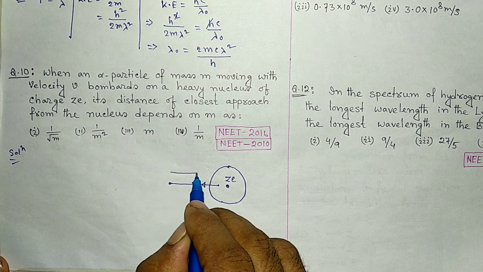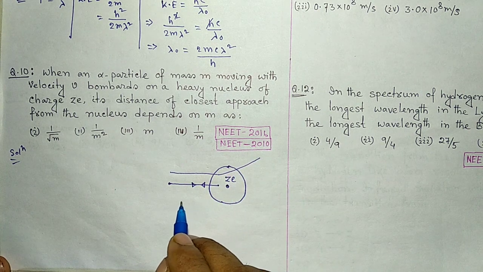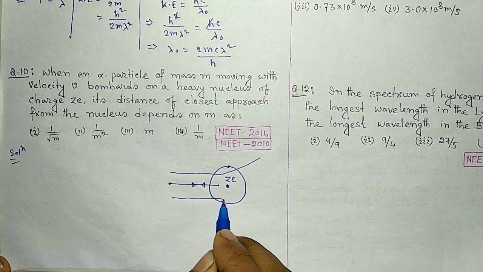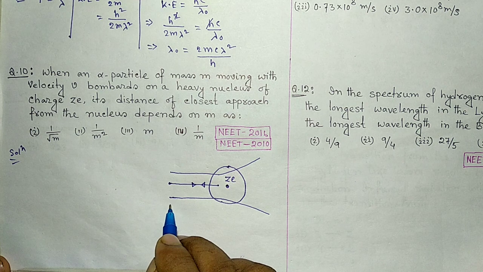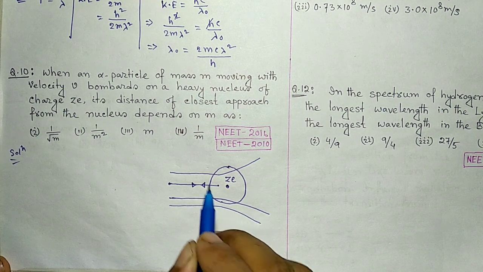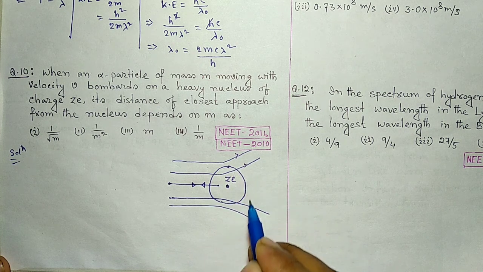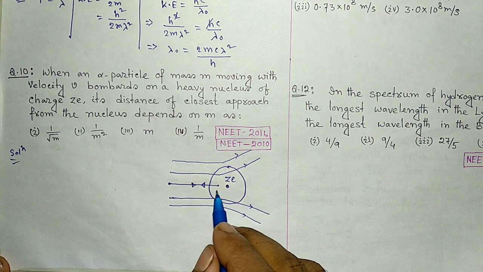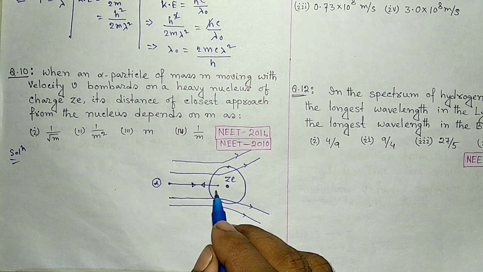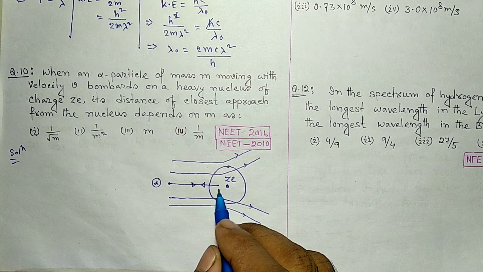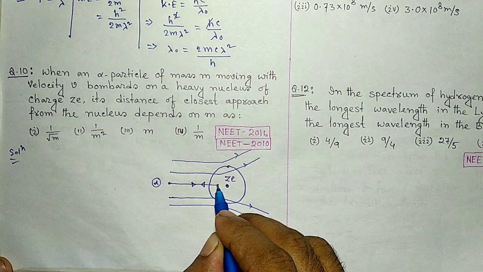In another case, the alpha particle will be repelled due to the electrostatic repulsion force. Its velocity decreases, which means its kinetic energy decreases, and at the point where velocity is 0, its kinetic energy is 0.